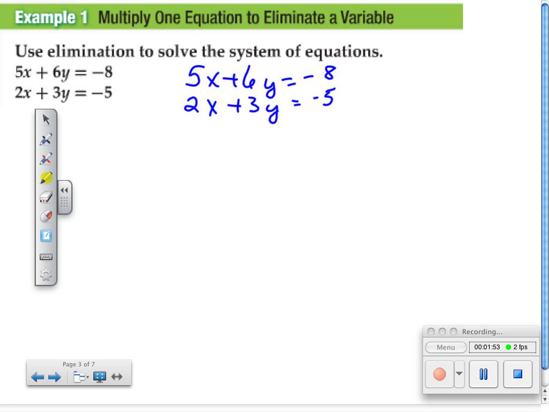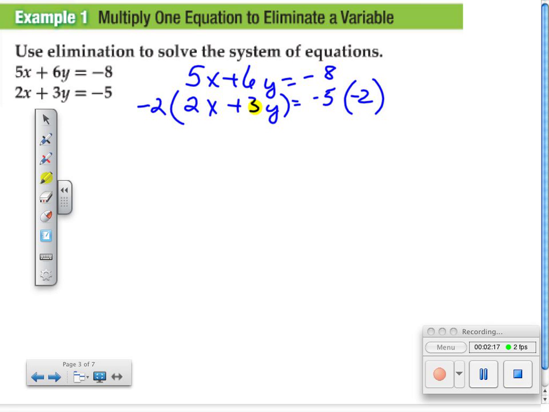by 2. But if I multiply by a positive 2, I would have a positive 6y right here, wouldn't I? And I really need a negative 6y. So what could I multiply by? I can multiply by -2, and I'll multiply both sides of the equation by -2.